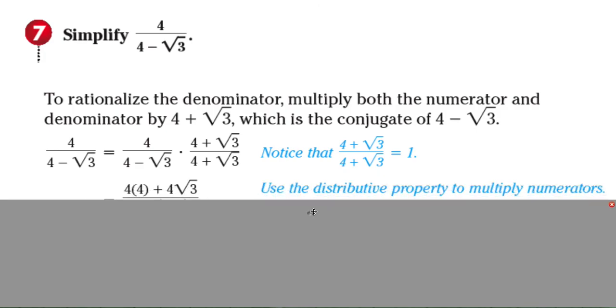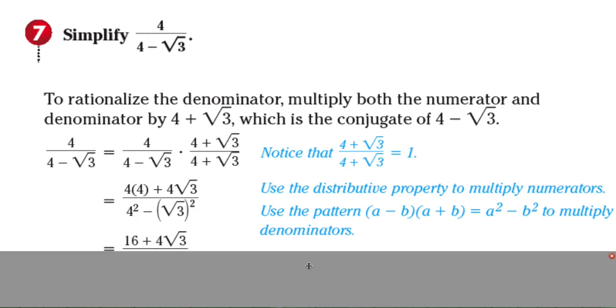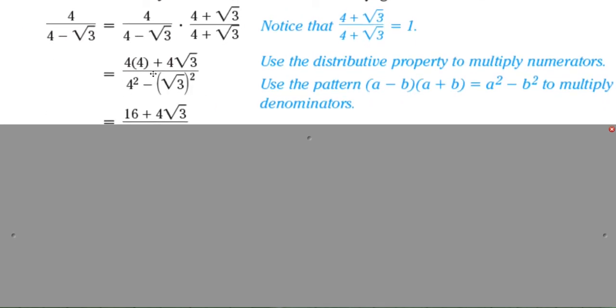Okay, look what happens. We now have, right here, use the distributive property. That's why you have 4 times 4 and 4 times radical 3. And this is your difference of squares. So you now have 4 squared minus radical 3 squared. Okay, so from there, you end up with the numerator, which is 16 plus 4 radical 3.